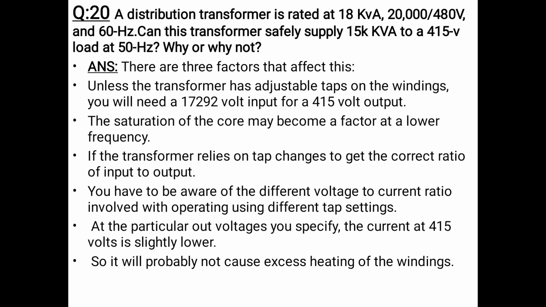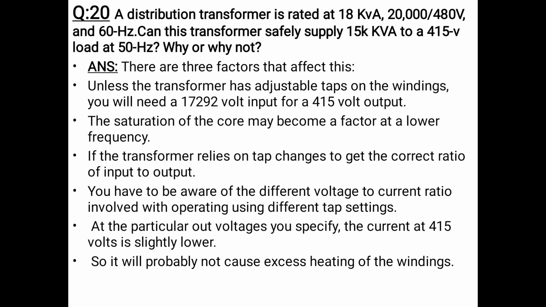Unless the transformer has adjustable taps on the windings, you will need a different voltage unit input for a 415 volt output. Saturation of the core may become a factor at the lower frequency.